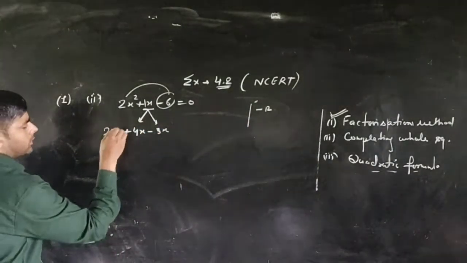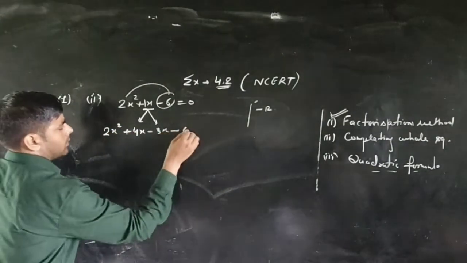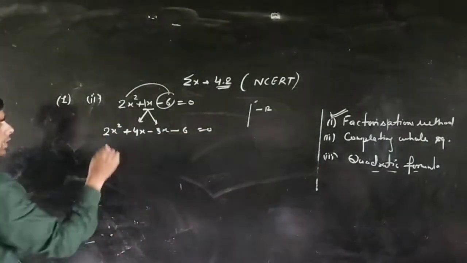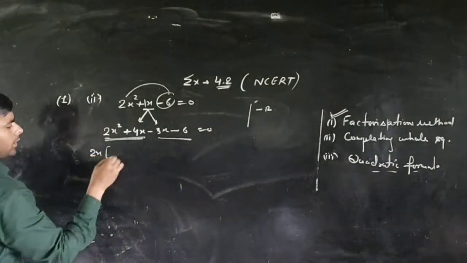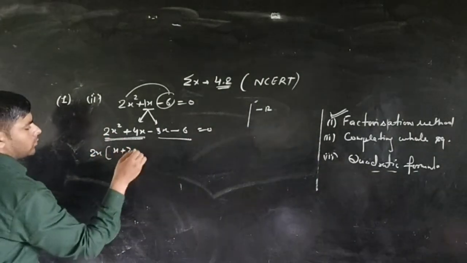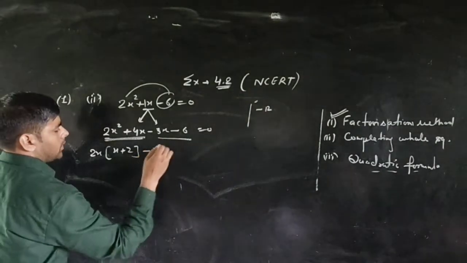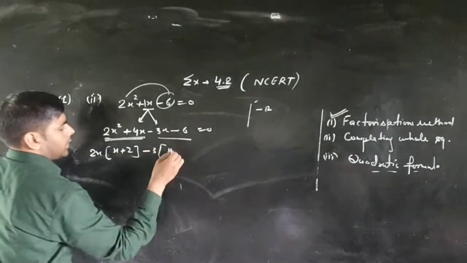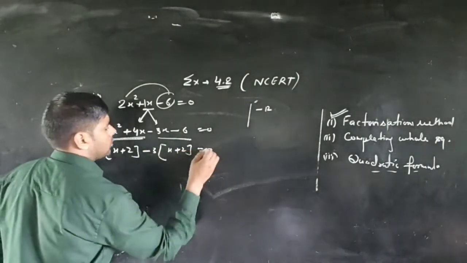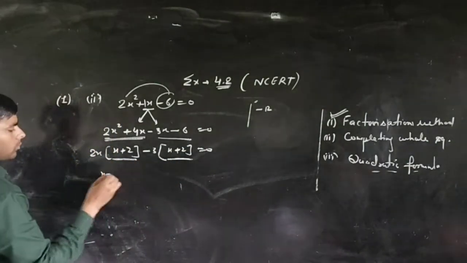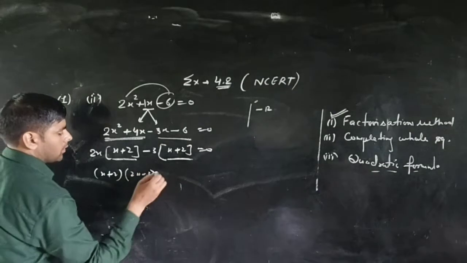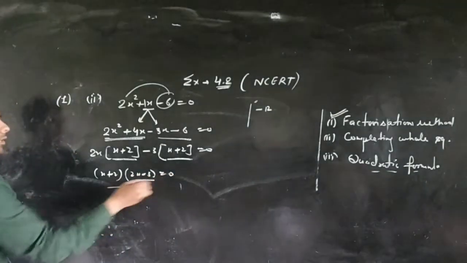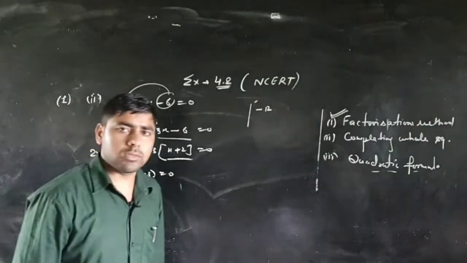Here 2x square plus 4x minus 3x minus 6 equal to 0. Now taking out 2x common from here, and here x plus 2. Here minus 3 is common. Here x plus 2 is equal to 0. X plus 2 common out. Here 2x minus 3 is equal to 0. The product of two numbers is equal to 0.